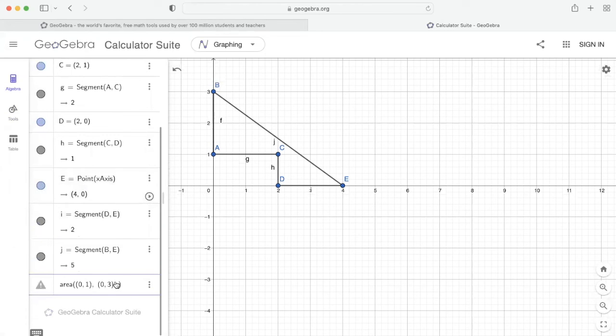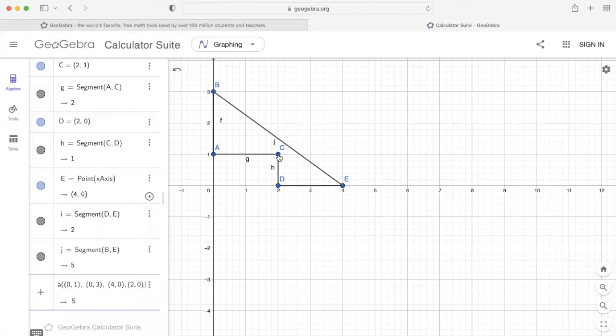So when I'm putting in points, I'm putting in the X value first and the Y value second. Point D is at 2, 0. Point C is at 2, 1. And I think that's all of our points.